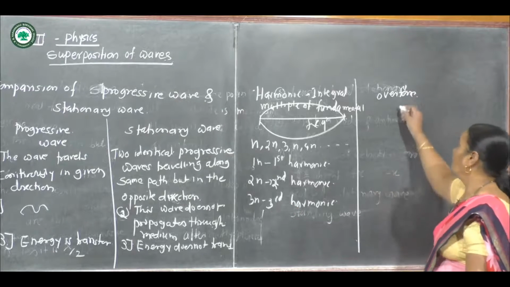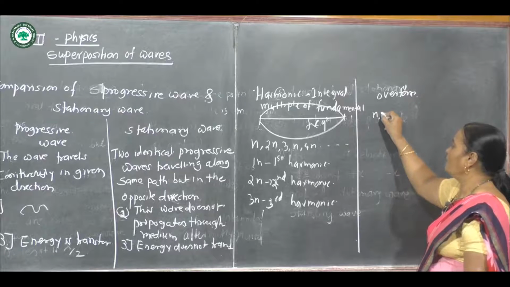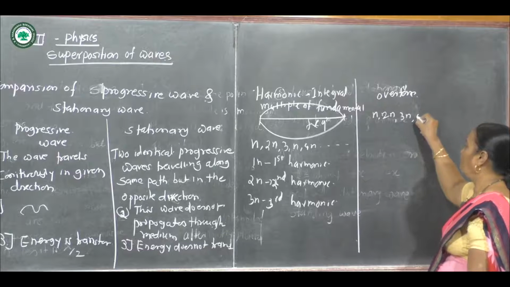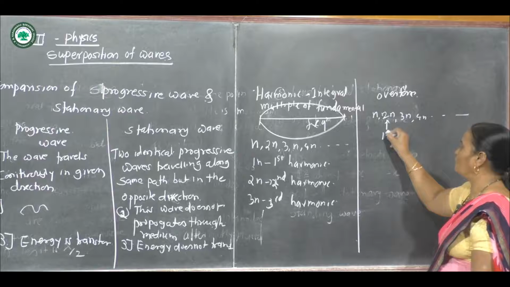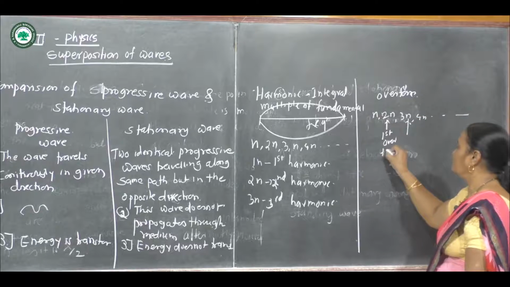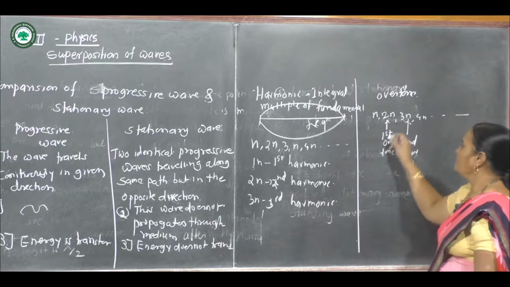Now we see the overtone. These are the frequencies n, 2n, 3n, 4n, etc. Now 2n is called the first overtone, and 3n is called the second overtone.